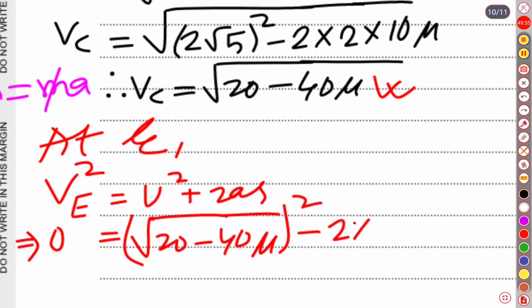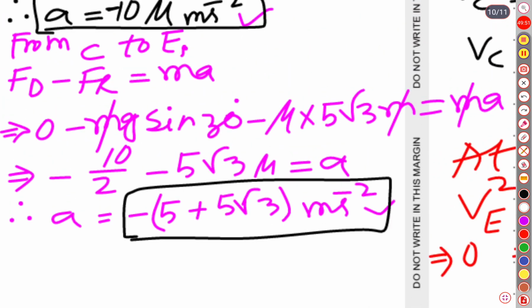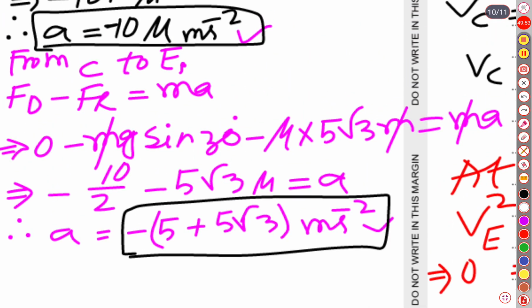Let us write the length because it moved up 1 meter. S is 1 meter, the length was 1 meter, and the acceleration at E. We have found the acceleration at E here, look at this, which is negative 5 plus 5 square root over 3.